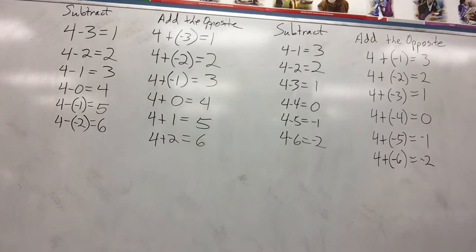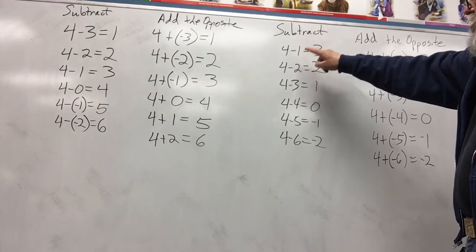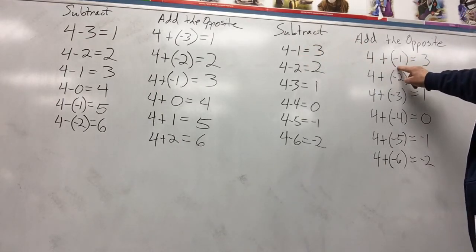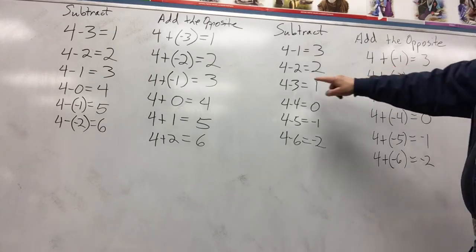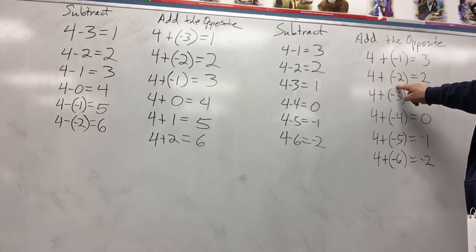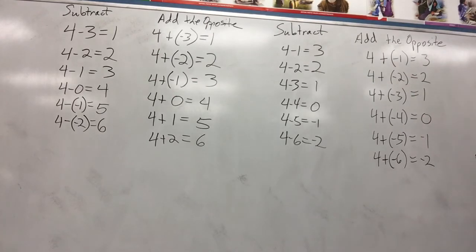They say, noticing that subtracting an integer gives the same answer as adding its opposite. So here we were subtracting 1. Here we were adding the opposite of 1, which is negative 1. Here we were subtracting 2. Here we were adding the opposite of 2, negative 2. So that's just the general statement.